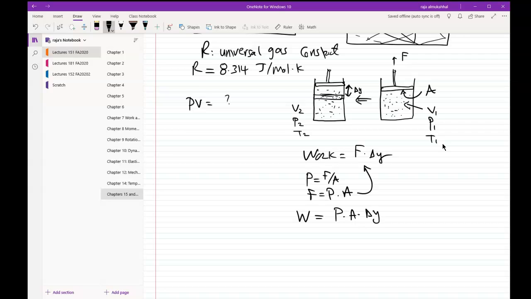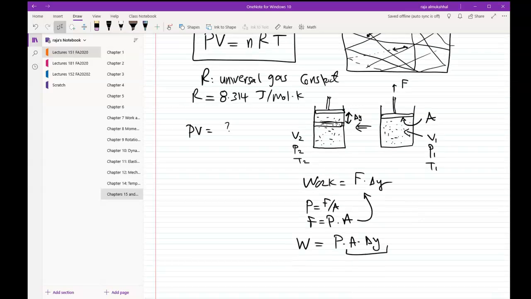But what is A delta y? Go back to the second diagram here. The area of the piston is right here at the bottom, and then the delta y is that.